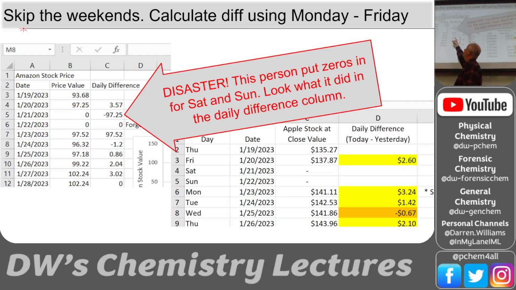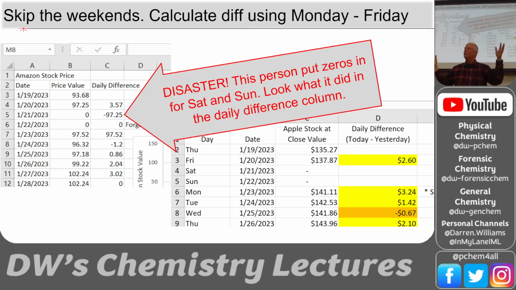And so look at the daily differences. The daily differences are 3, 2, 0.86, minus 1, and then 97 and minus 97. When they did the daily difference, you're subtracting yesterday from today, and today is 0, so you get a negative 97. And then 2 days later, you get a positive 97. So on their control chart, you couldn't see any variation, and then you went bam, bam, every weekend, up and down, 97 and minus 97.